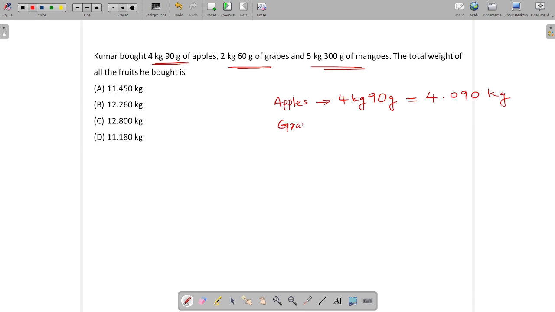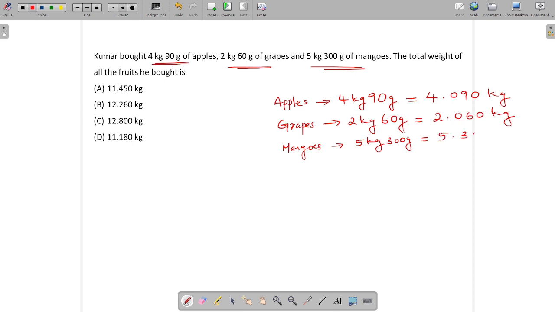What about grapes? Weight of grapes is 2 kilogram 60 gram. And in decimals, it is 2.060 kilogram. What about mangoes? Mangoes weigh 5 kilogram 300 grams.